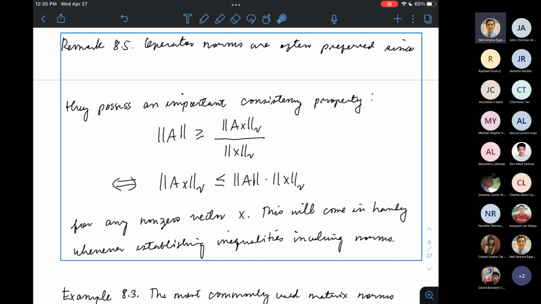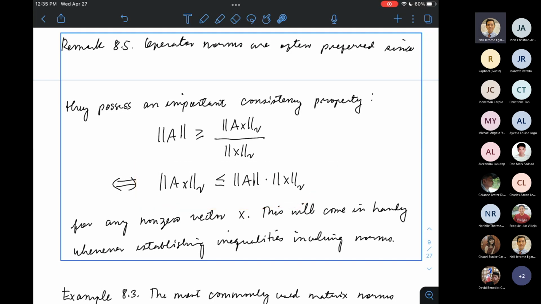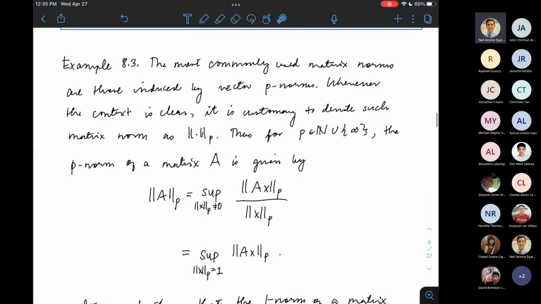So laging meron kang consistency property bounding the norm of the result of the operation by a multiple of the size of the input. Okay? And then as promised, ito yung mga simple formulas para sa mga common p-norms.